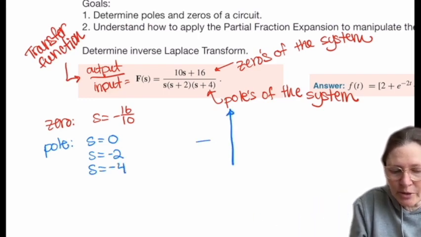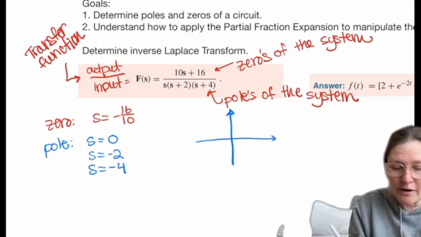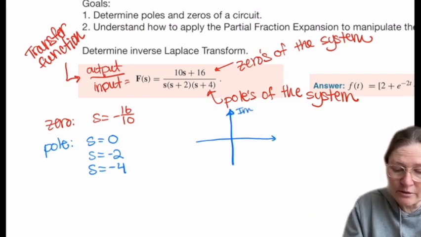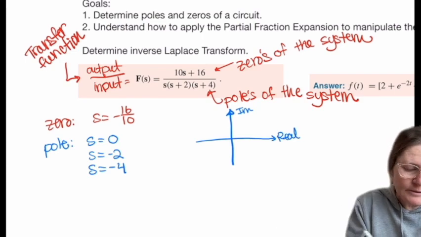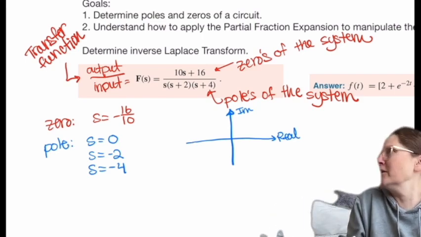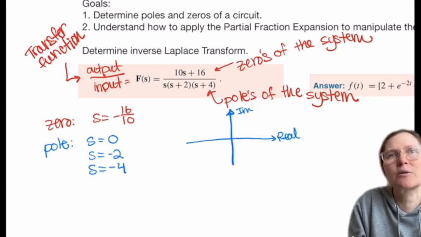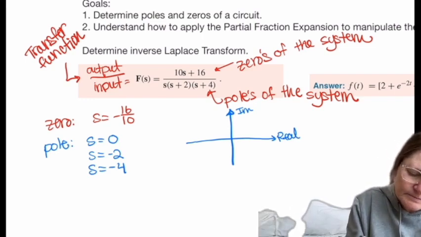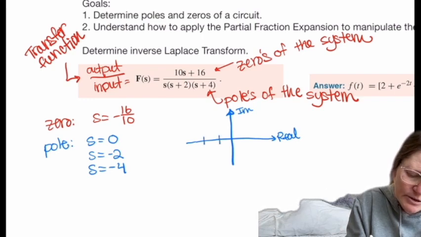And so what this will look like is that you will have this imaginary and real graph, and you're going to put a zero at minus 16 over 10, which is like minus 1.6. So 0, minus 1, minus 2, minus 3, minus 4.